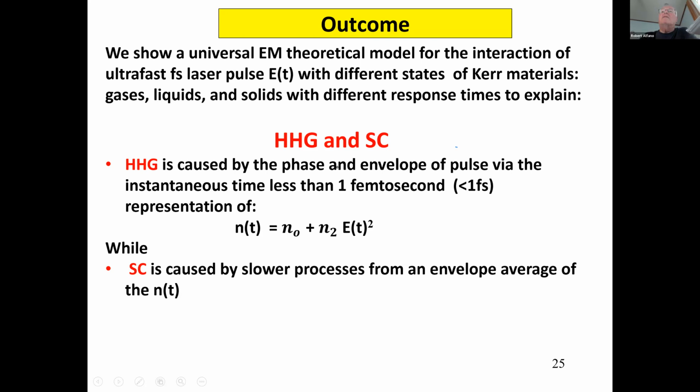HHG is caused by the phase and envelope of the pulse, and really is instantaneous, to less than a femtosecond response time of the medium, and not the pulse width itself.